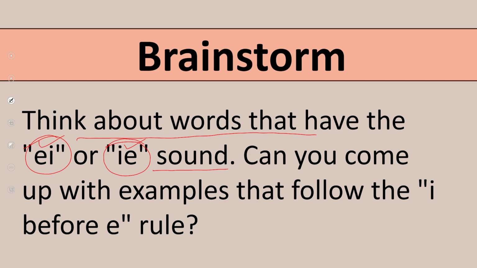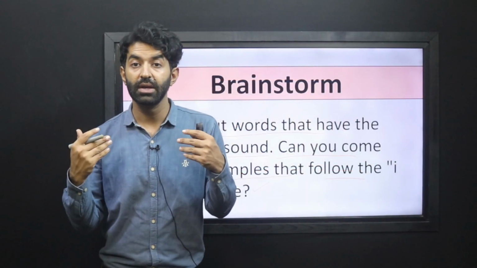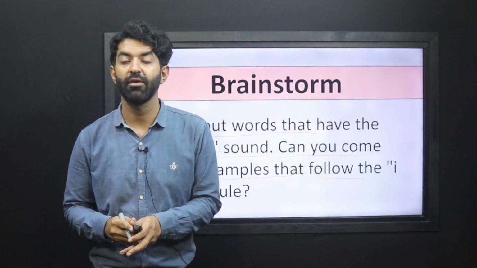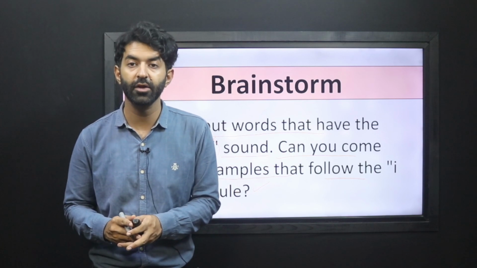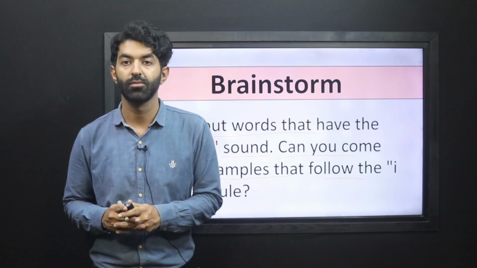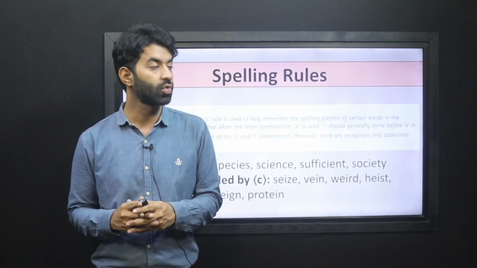I hope that you can do it. And can you come up with examples that follow the I before E rule? Now, this is what we are going to learn, but first I want you to name the words that have the IE or EI spellings, or write them down. Good. Now let's move on to our main lesson.